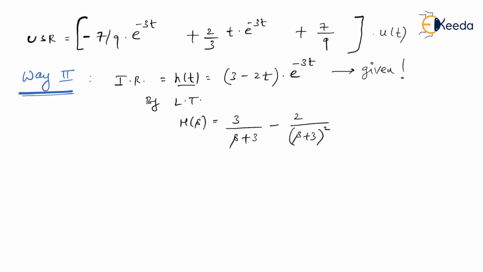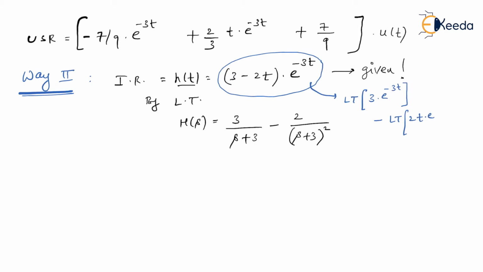So how do I get it? Very simple. You can just check it out. It is nothing but the Laplace transform of 3 times e to the power minus 3t minus the Laplace transform of 2 times t into e to the power minus 3t.